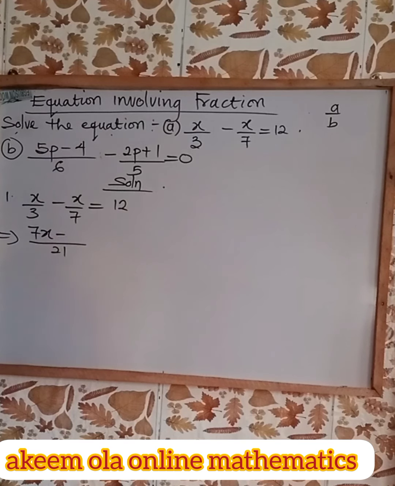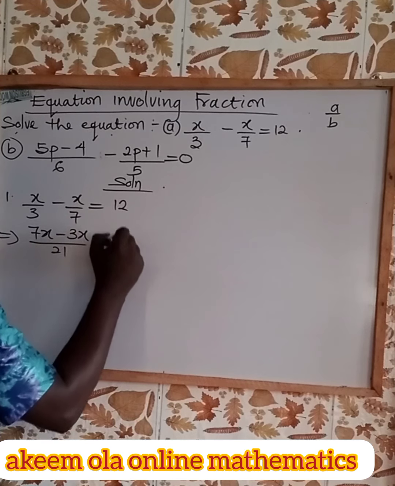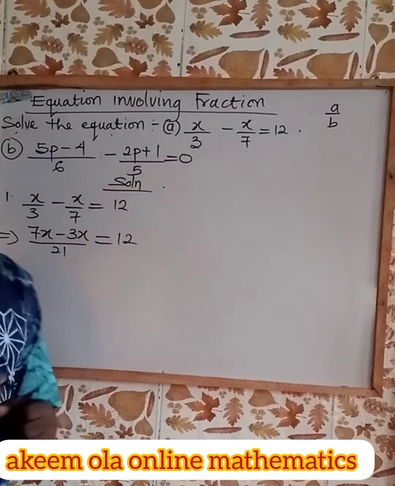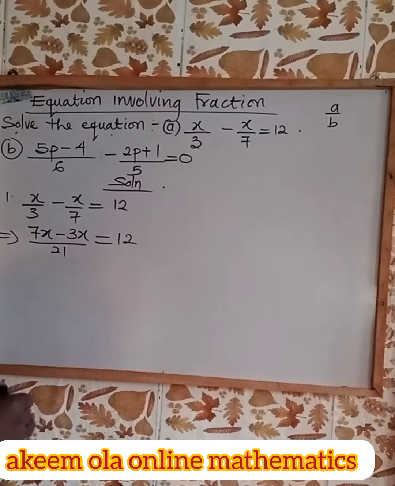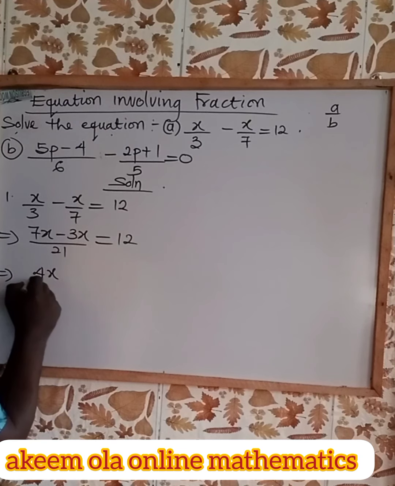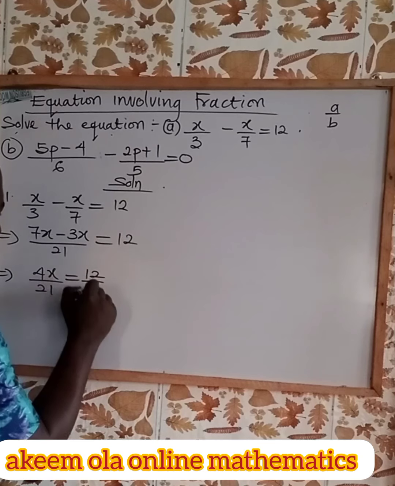Minus 7 in 21, that is 3. 3 times x will give us 3x. And don't forget, you already have your 12 here. So from here, 7x minus 3x will give us 4x. That means we are going to have 4x all over 21 is equal to 12 over 1.